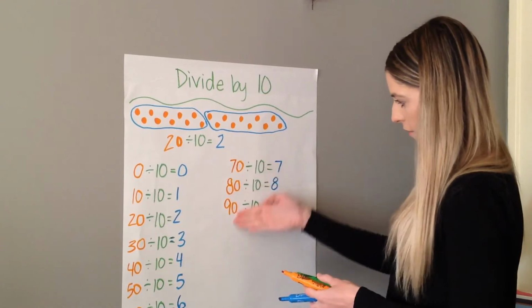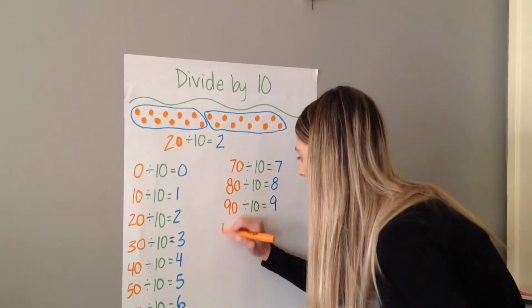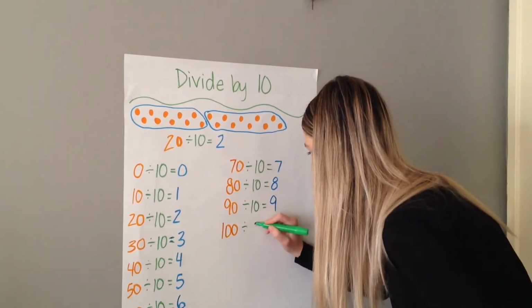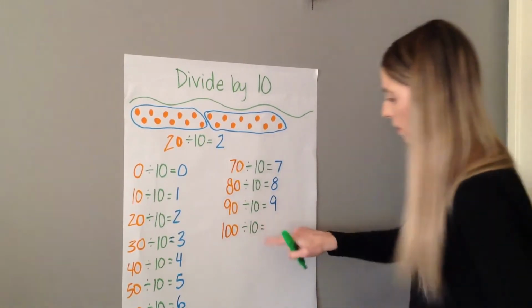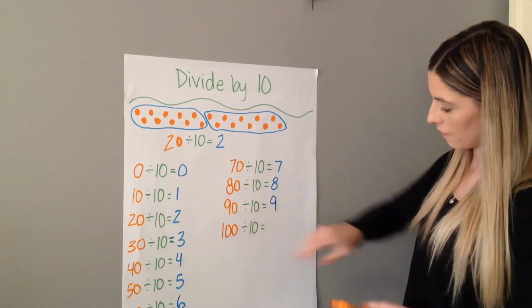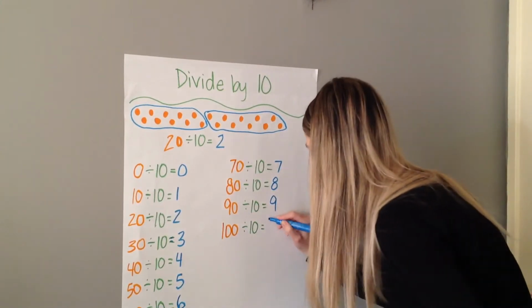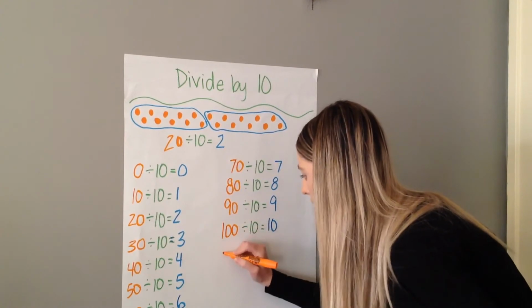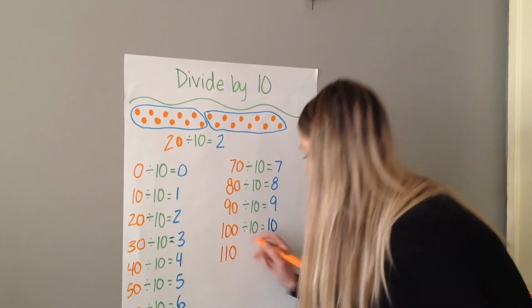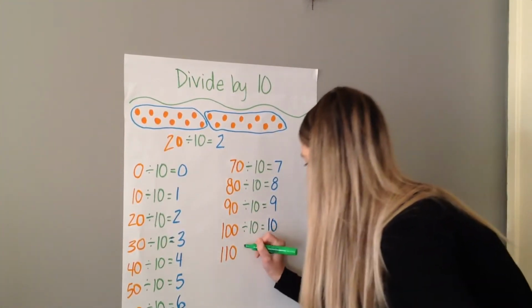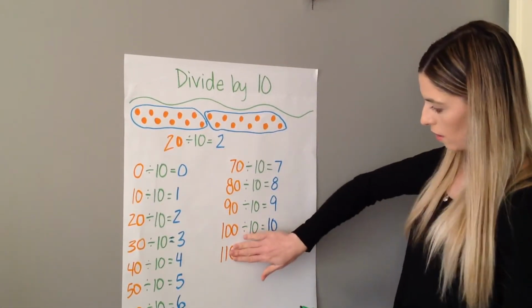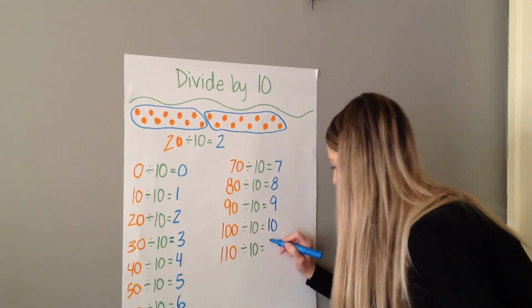Our next after 90 would be 100 divided by 10 equals, if we take one of the zeros off, we have 10 left over. And our next group of 10 would be 110 divided by 10 equals, take the 0 off, we have 11 left over.